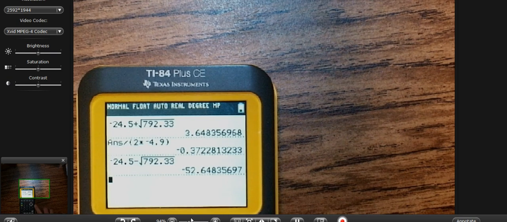Then you can change that to a minus so you don't have to retype the whole thing. And I wonder if I could do this. Boy, that would be really cool. Oh, my goodness, yes. And if I do that again, I end up with 5.37 seconds, which makes sense, that's a positive number, which is after the cannonball is fired.